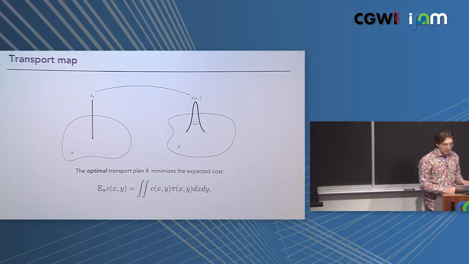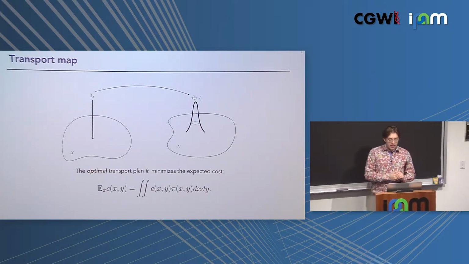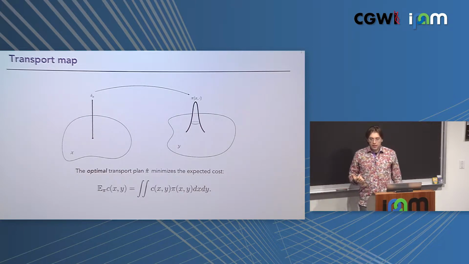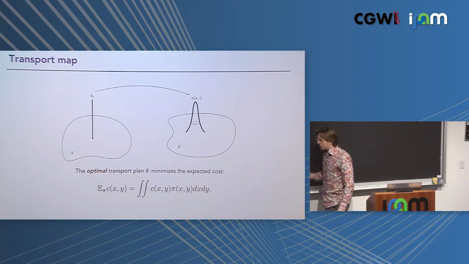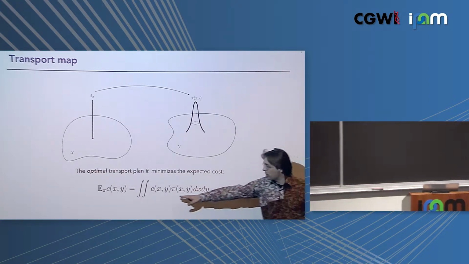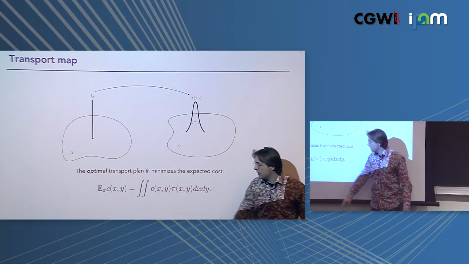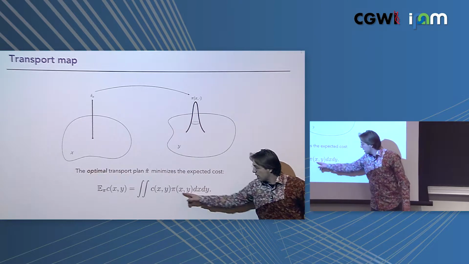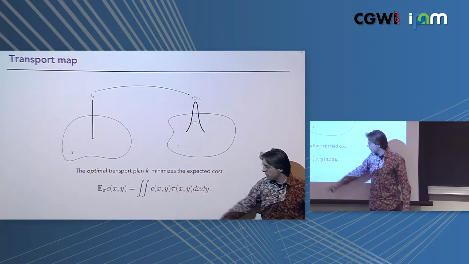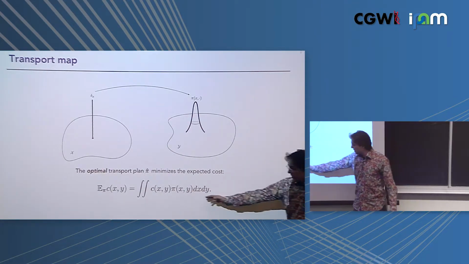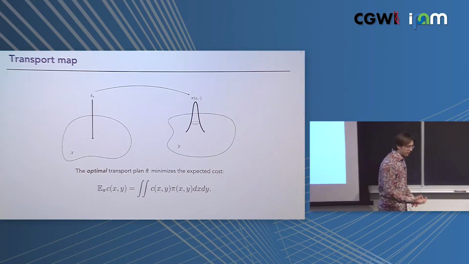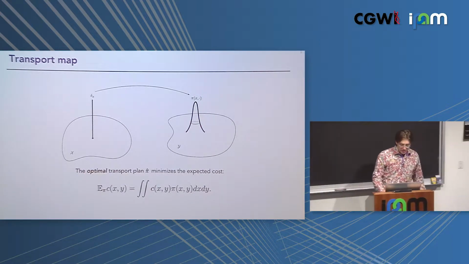So the image is this pi of x. It's a little pile, pi. And the optimal transport plan minimizes the expected cost. If it costs some cost function c of x,y to move a unit mass from x to y, and pi of x,y describes how much mass we move from x to y, then the total cost is given by integrating c d pi.